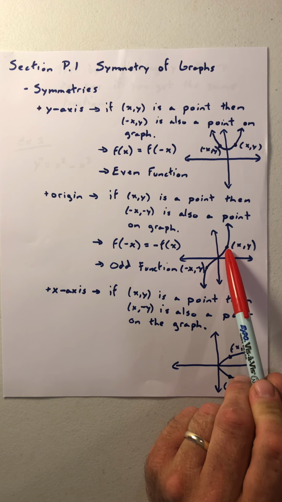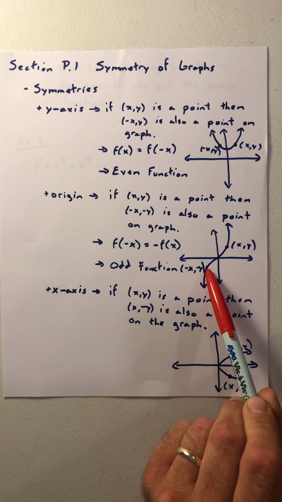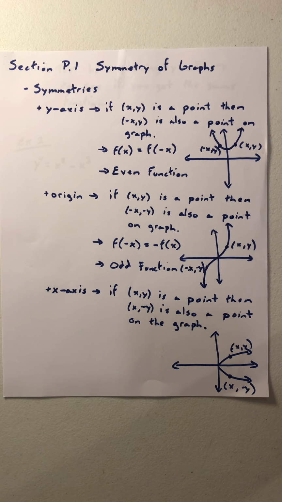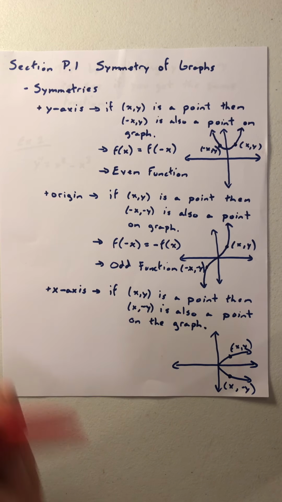So here I have the point (x, y). Another point on that graph would be (-x, -y). We call this an odd function. So even functions are symmetric about the y-axis, odd functions are symmetric about the origin. The way you can think about that is O and O: origin starts with an O, odd starts with an O. And the point (0, 0) as well.